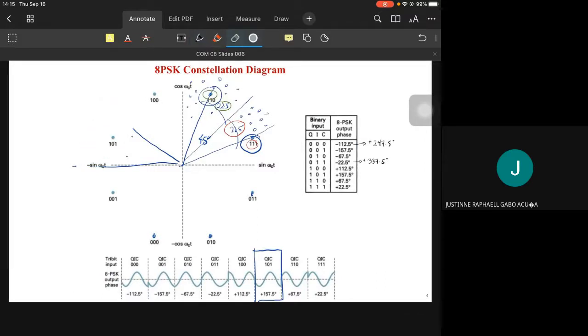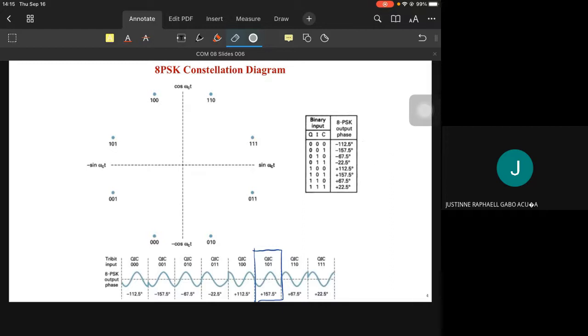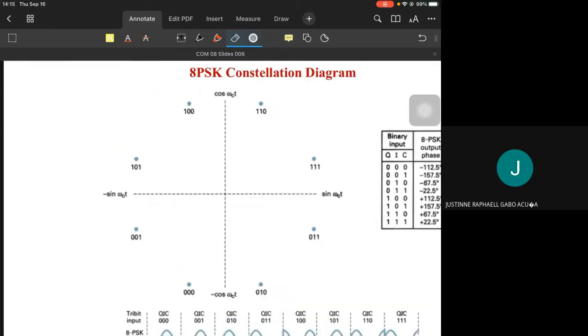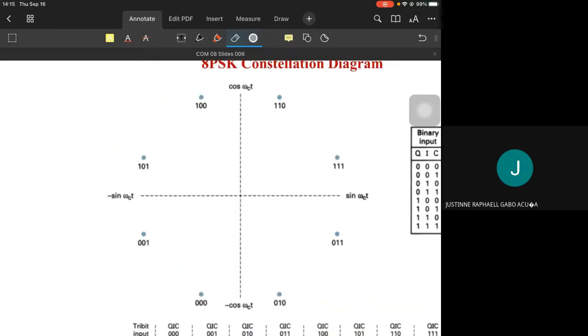Now, before we leave PSK, just try to look at the constellation diagram. Again, just try to observe. In the constellation diagram, we can see that all of the symbols, all of the possible signals that the APSK transmitter can output, have the same voltage level.